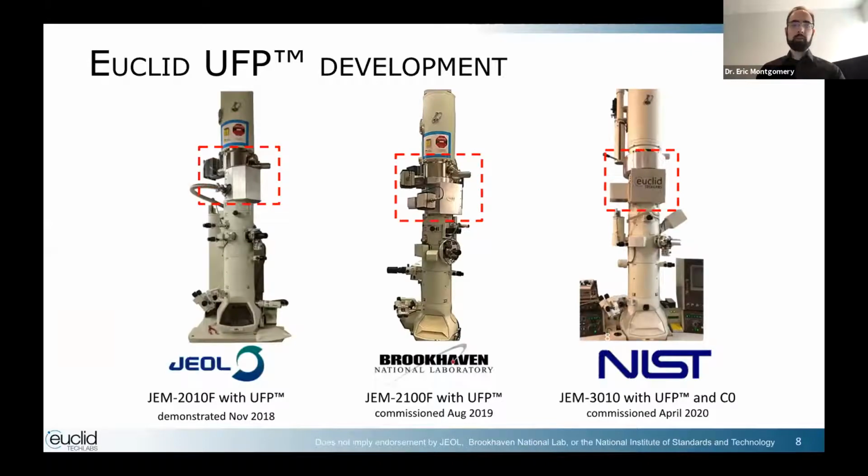We installed our first instrument with great support from JEOL USA in 2018. Our second instrument was installed at Brookhaven National Laboratory on a similar field emission microscope in 2019 in the Yimei Zhu group, and at NIST in 2020 with Jun Lau's group at 300 kilovolts on a thermionic instrument.